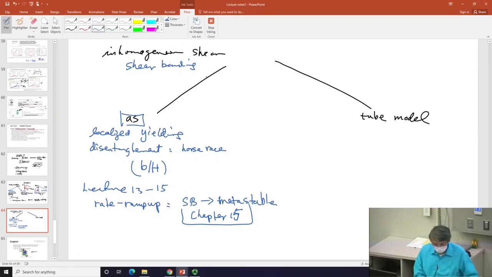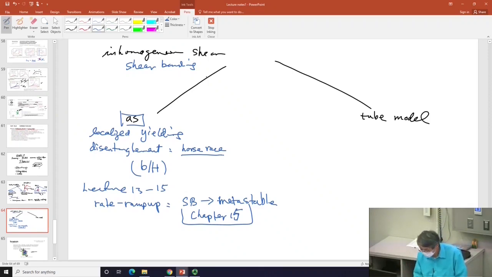And we covered it all. We sort of have an understanding that the horse race can take place and some portion of the sample can be sacrificed. Or rather, once these parts disentangle, they communicate with the rest. So the rest never had a condition to disentangle a similar amount.